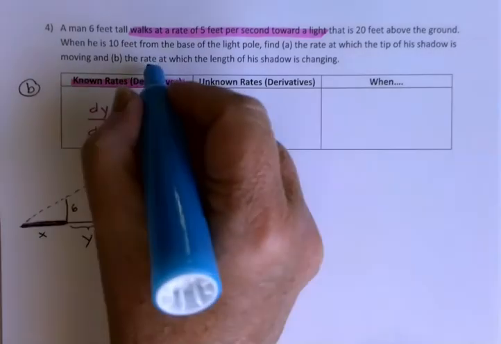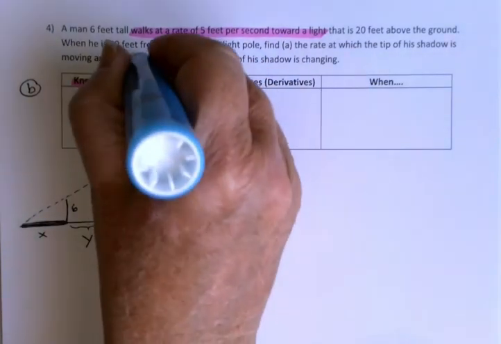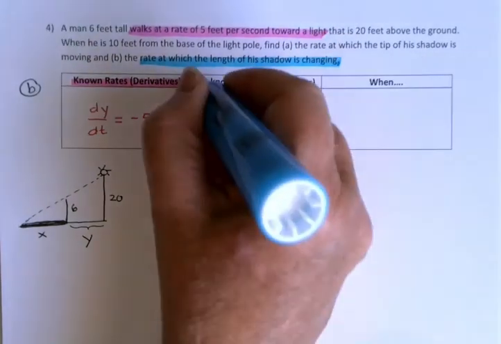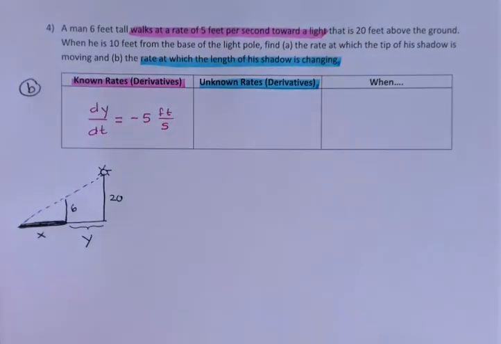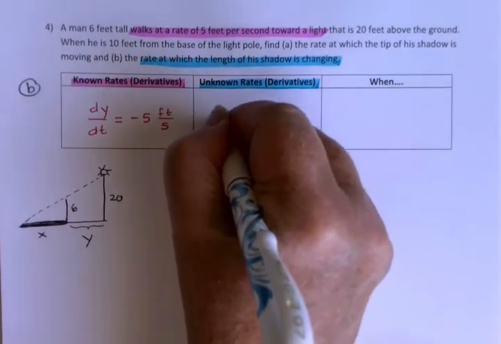We're going for part B, so we'd like to know the rate at which the length of the shadow is changing. That's my unknown rate. And since I called the shadow x, that would be dx/dt.